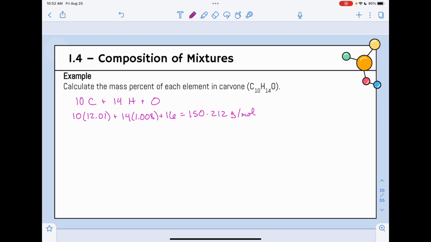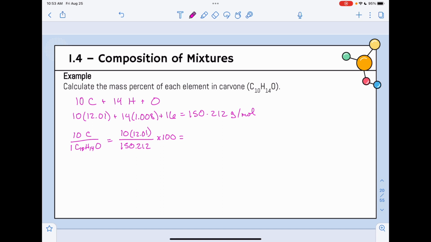So we've got 10 carbons per every 1 carvone. Okay, so 10 carbons for every 1 C10H14O. So that means we've got 10 times the mass of carbon for every 1 carvone, which is 150.212. We're looking at percent, so we're going to multiply that by 100.